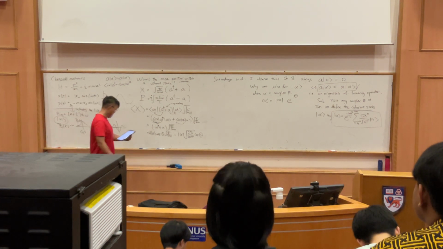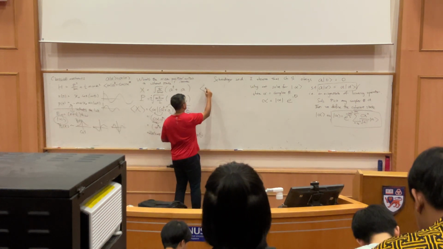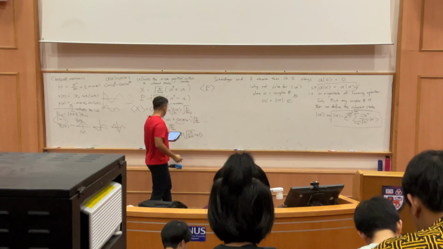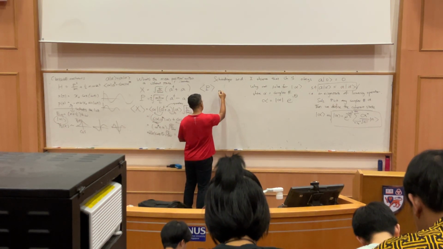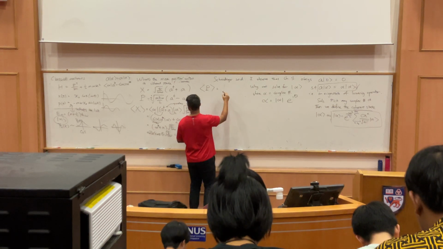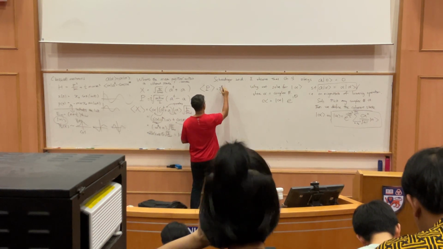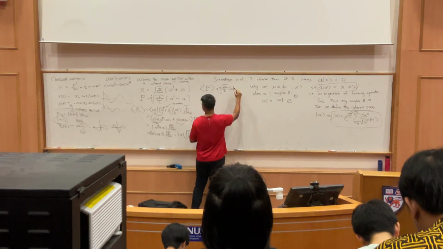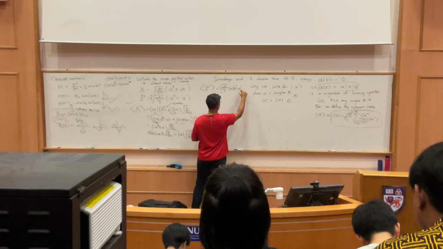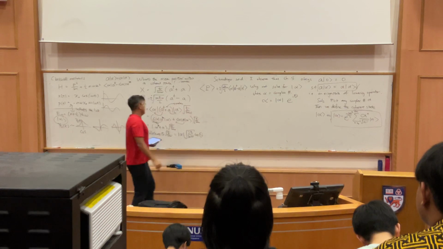Okay, how about P? Same thing. You get i times square root of m h bar omega over 2, times <alpha|(A dagger minus A)|alpha>.